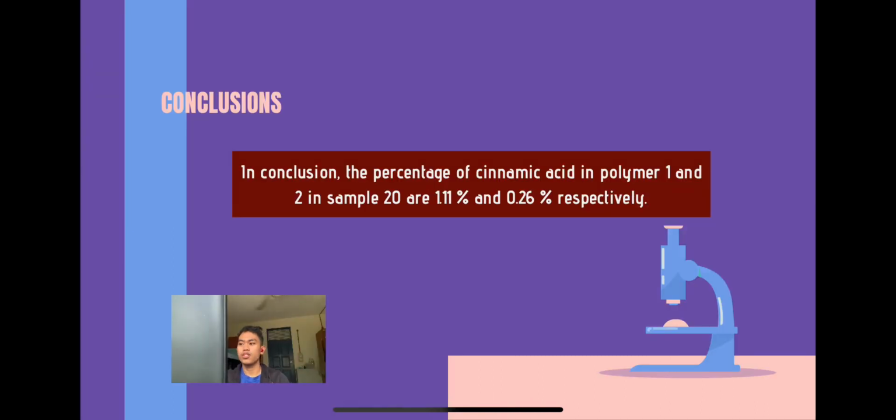For the conclusion, the percentage of cinnamic acid detected in polymer 1 and polymer 2, or purification 1 and purification 2, is 1.11% and 0.26% respectively.